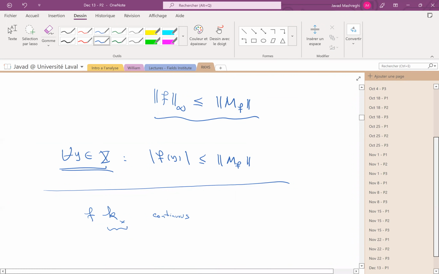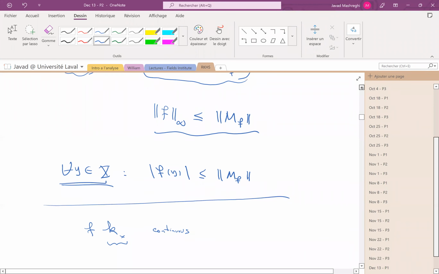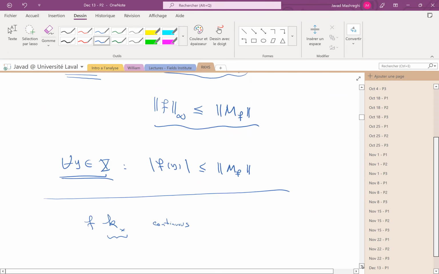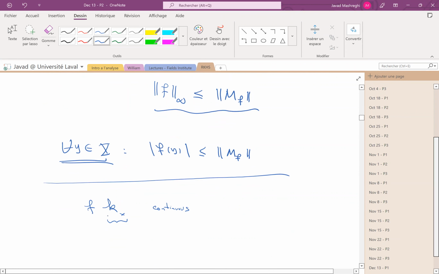The only problem is whether it is equal to 0 or not, the same difficulty I had here. In most of the spaces that we consider, k(y) is not 0, and that is why we can locally divide by k_x and say that f is continuous.